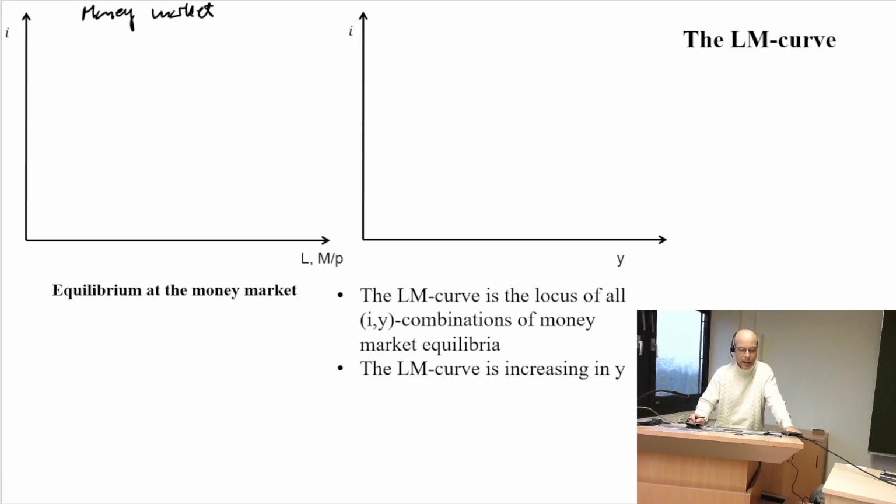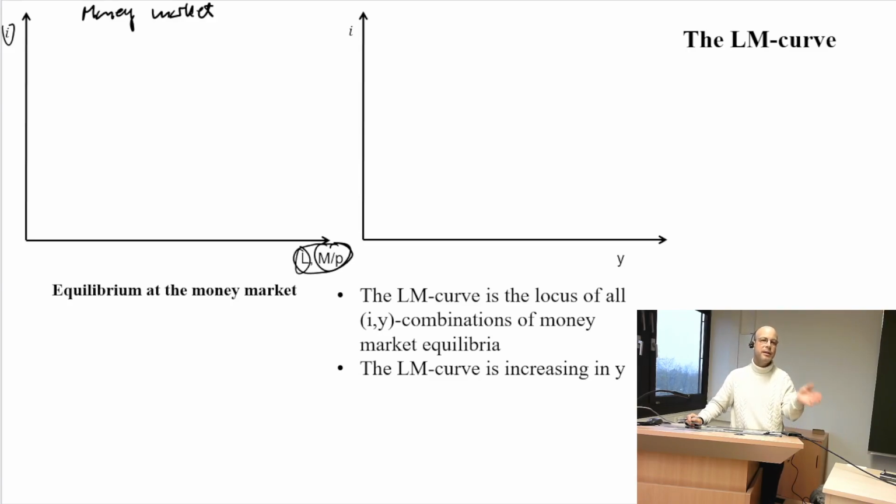So, and now money supply. If the amount of money is set by the central bank, how does money supply look when on the vertical axis we have the interest rate and on the horizontal axis we have money demand L and money supply M over P?